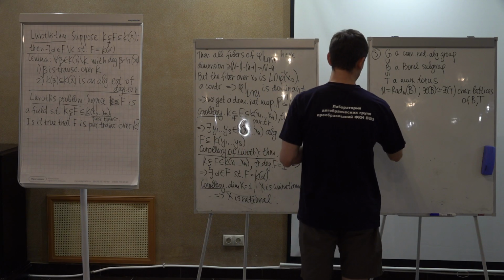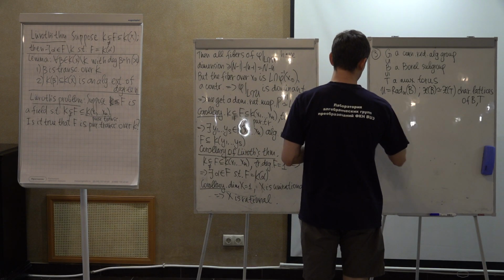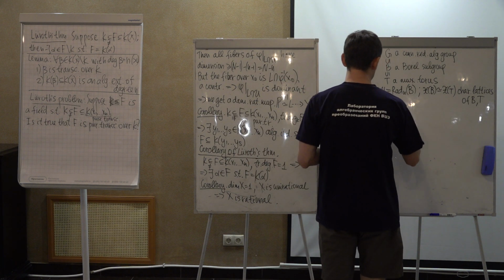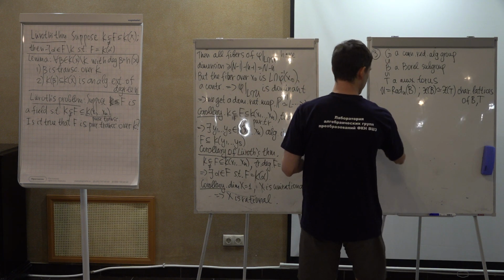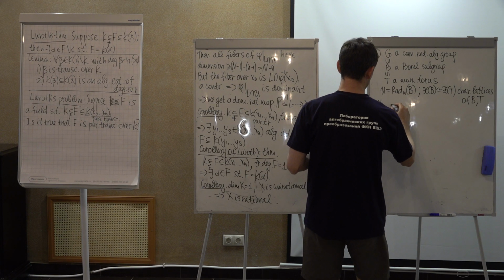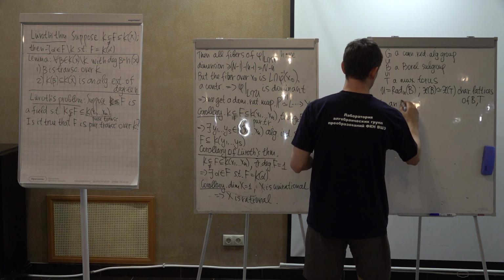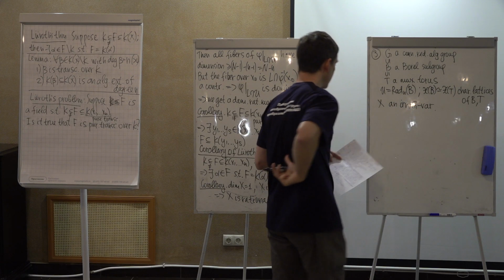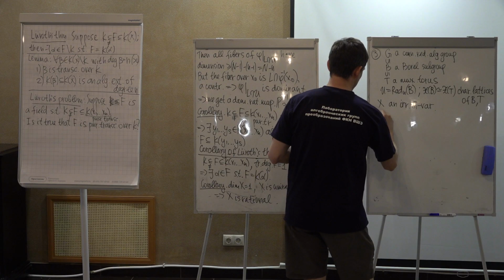So now the main definition is that of complexity. Let's consider X, an irreducible G-variety, and let's define the complexity.